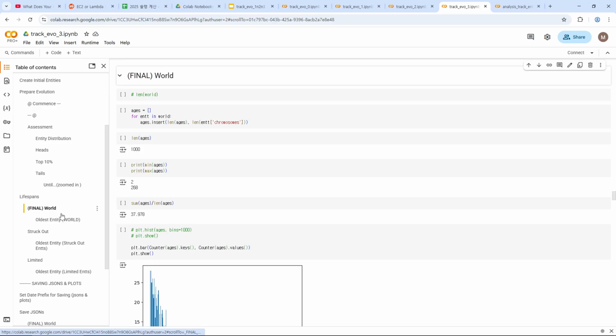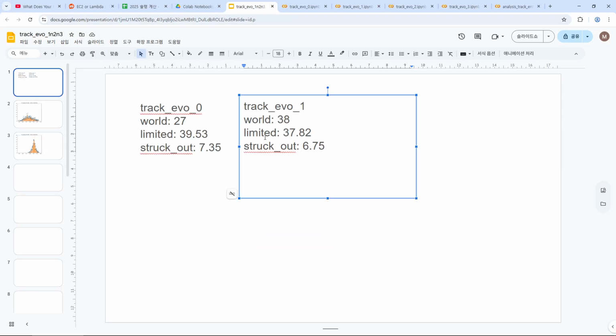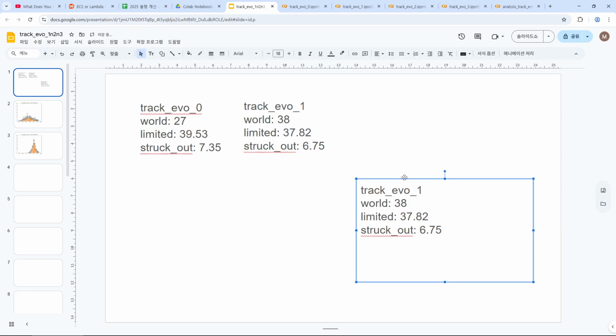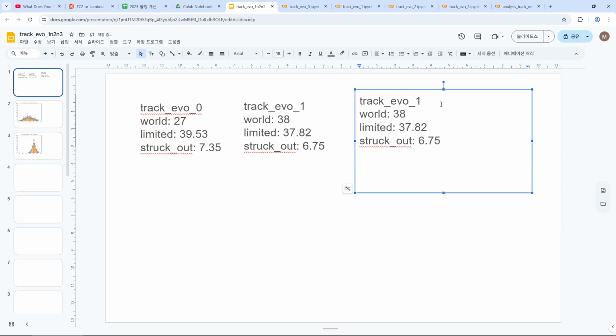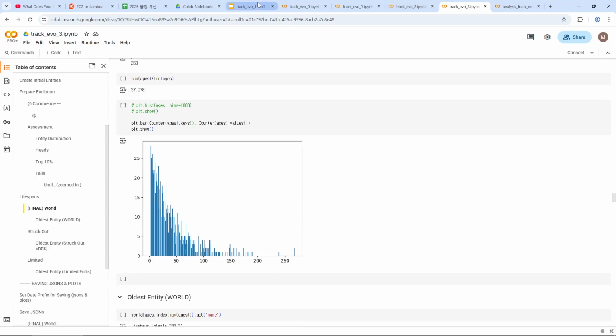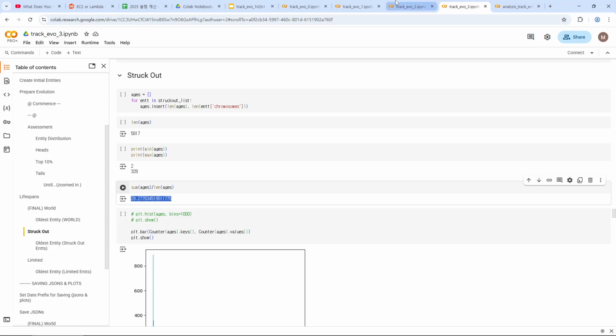And when I do that, the average lifespan for entities in the final world was 37.978. And for the struck out, it is 29.27.